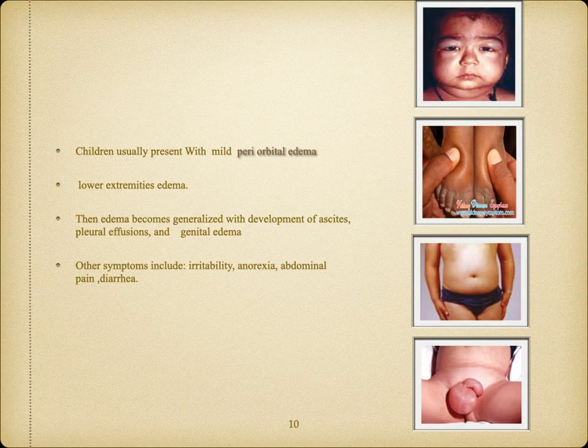However, with time, the edema will become generalized with the development of ascites, pleural effusion, and genital edema. Other features that the patient may have are anorexia, irritability, abdominal pain, and diarrhea. An important feature of minimal change disease is the absence of hypertension and gross hematuria, which are called the nephritic features.